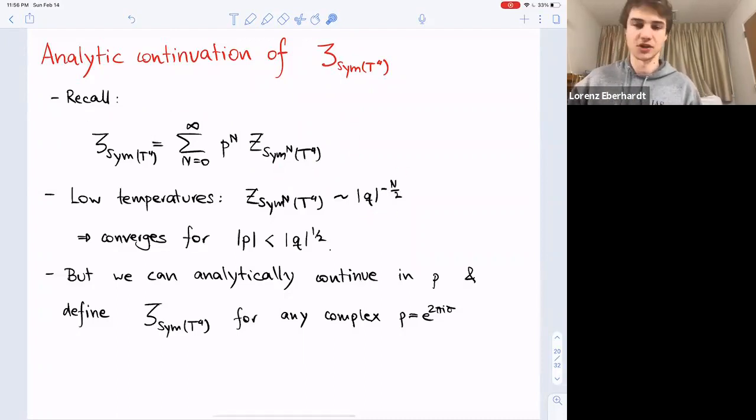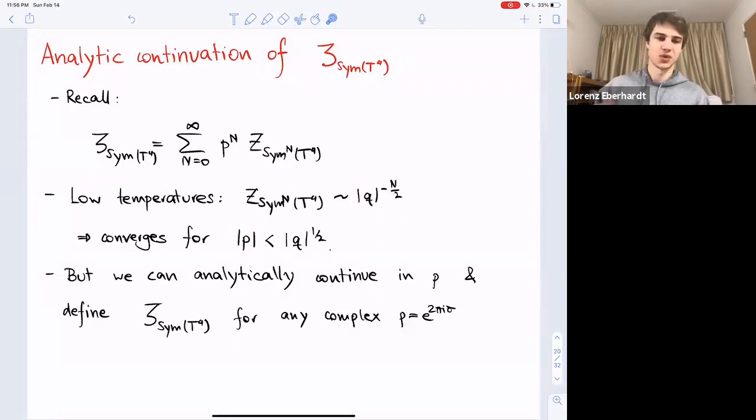It's just because the central charge is proportional to n, and that's the usual q to the minus c/24 factor. If you plug that in here, you get a geometric sum, and it only converges when this condition is satisfied. So this definition of the partition function only makes sense if you take this fugacity variable p to be small enough.